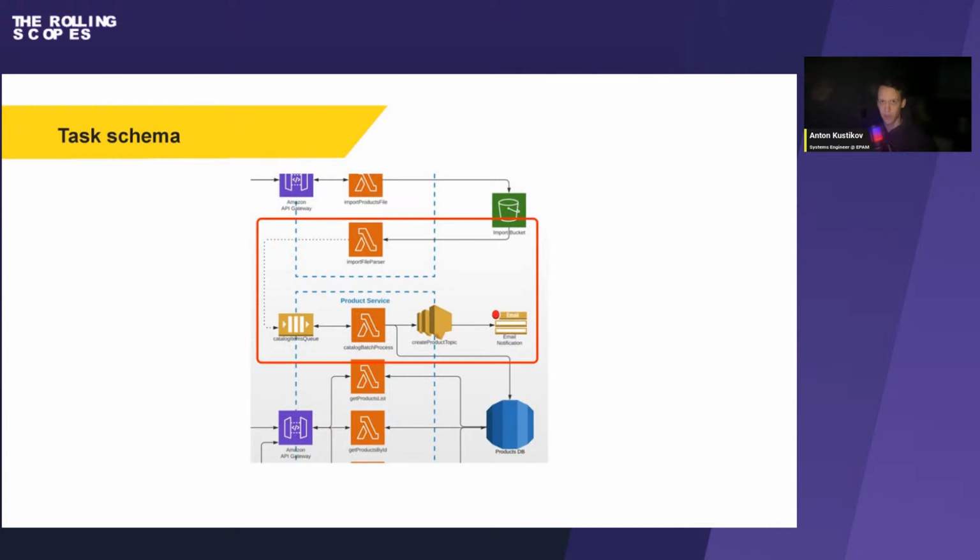But in order to avoid it, we can use the SQS. We can read this file line by line using a Lambda function, and then line by line, we can put these products in the queue. This queue will be some kind of, maybe not an instance, but an ephemeral instance.